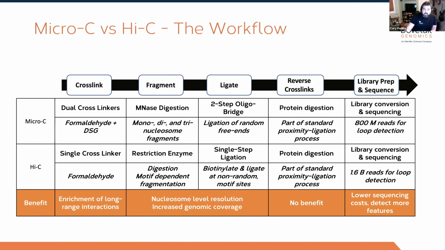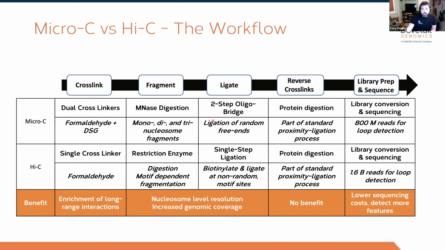So we get a lot of questions around what happens in nucleosome-free regions. Well, we don't digest all the way to mono nucleosomes. We have a mixture of di and tri, so that linker DNA is preserved at some level. So no matter what, you're always going to have some fraction of the genome being covered, even in a nucleosome-free region.